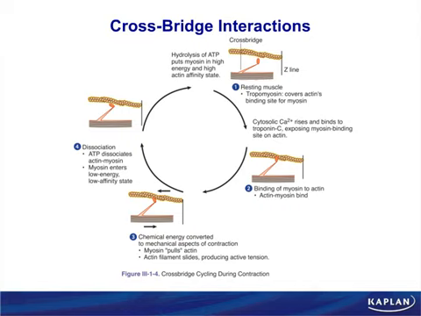But don't forget, myosin has an ATPase, so after that dissociation, the myosin ATPase will split the ATP, putting myosin back into a high energy and high affinity for actin state. And if cytosolic calcium is high, then again actin and myosin will bind, and this cross-bridge cycling will just continue as long as cytosolic calcium is elevated.